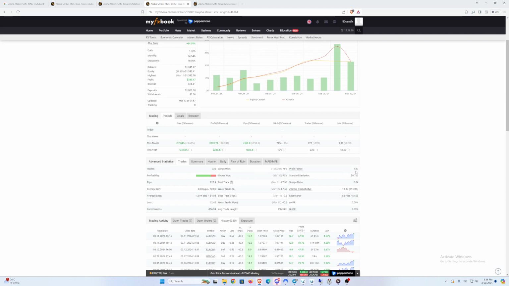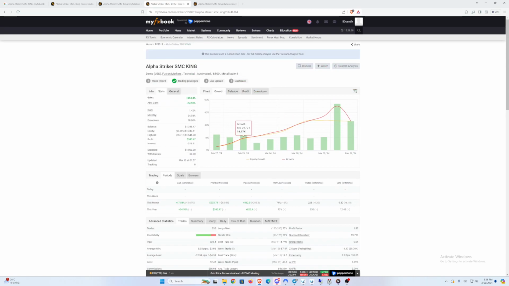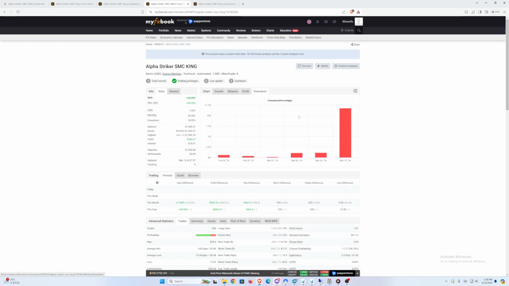Profit factor is above 1.5, so it's quite good actually, and the profitability rate is high. So this is one of the EAs that I would consider looking into. And yeah, the biggest drawdown in a single day has been 11.72%. These are balance based drawdown, not equity based.